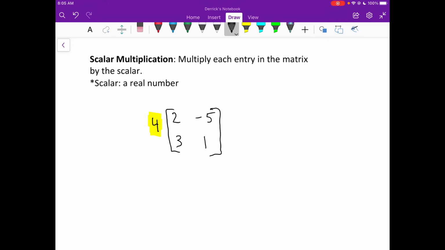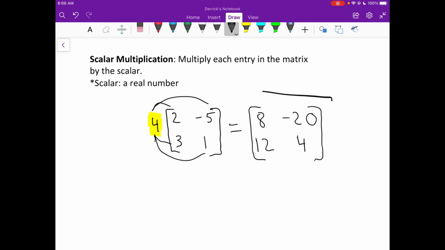So our answer is simply going to be taking 4 times every single one of the entries in this matrix. So 4 times 2 is 8. 4 times -5 is -20. 4 times 3 is 12. And 4 times 1 is 4. So that would be our answer for this scalar multiplication problem. It really is just that straightforward.